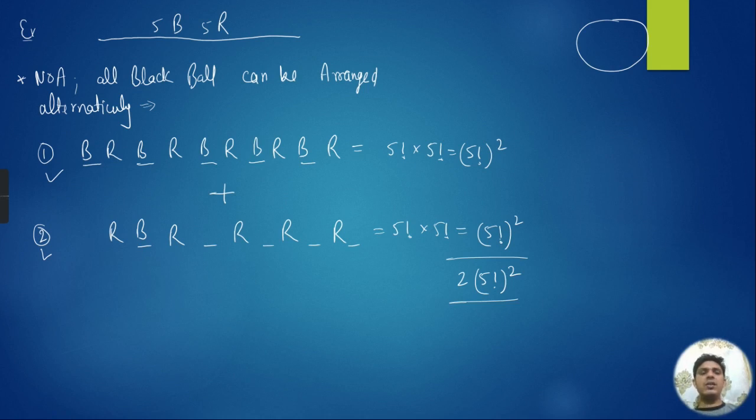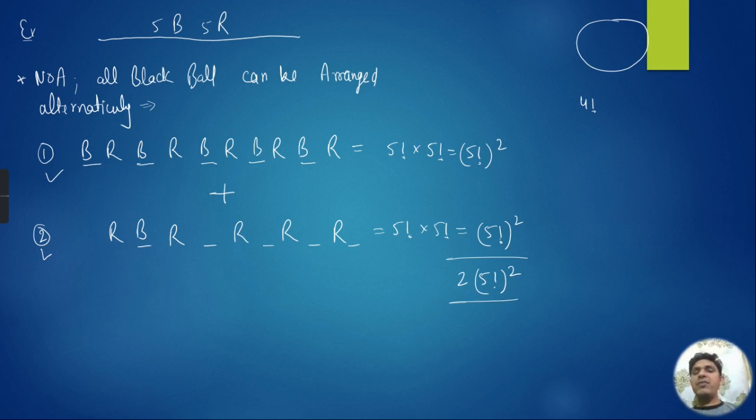So in this question, we cannot make two cases. There will be only one case, and that is that we have to arrange alternately. First of all, place all 5 red balls in a circle. 5 red balls in a circle can be arranged in factorial 4 ways, because 5 minus 1 is factorial 4.